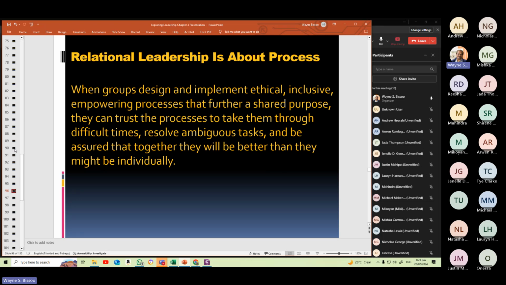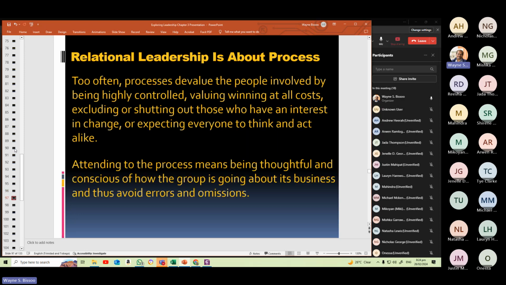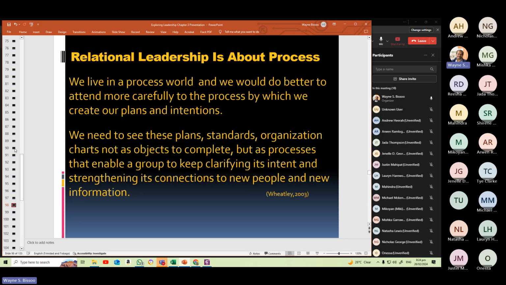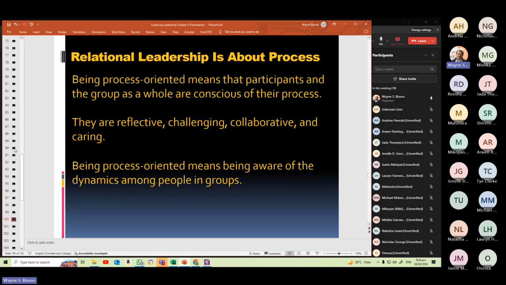But we need to ensure that the process we're speaking about is the relational leadership process that involves inclusiveness, the positive purpose, the empowerment element, and the inclusive nature of the whole process that we're looking at. So that whole thing, I think I have a diagram that pulls that together. Well, I had a diagram from before.